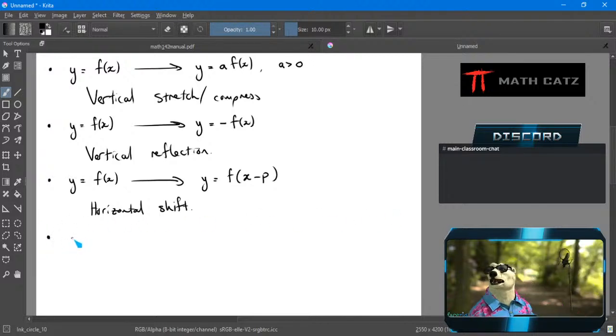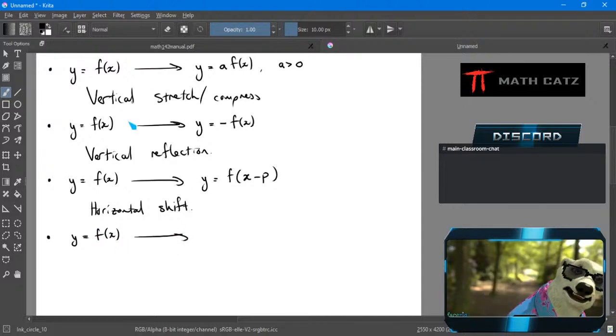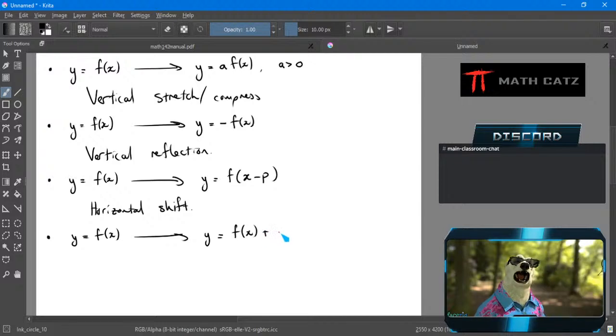And the one that I find is the safest to leave to the end, these first three can all be flipped around. I find it a little bit safer if I leave this transformation to the end. So I keep the right hand side and I'm going to add or subtract depending on the value of q, but a number.